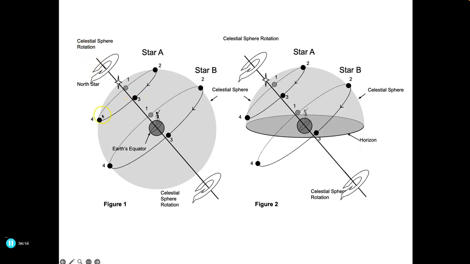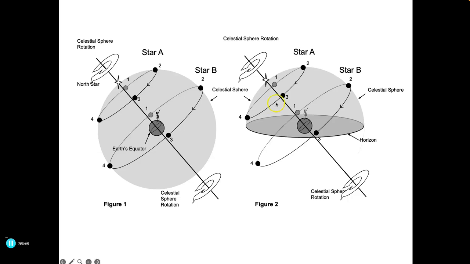So, for those of us standing on the Earth, the whole celestial sphere appears to rotate once a day, and therefore, these stars at high declinations, like star A here is close to the North Celestial Pole, which means it just goes around the sky, always above the horizon, once a day.